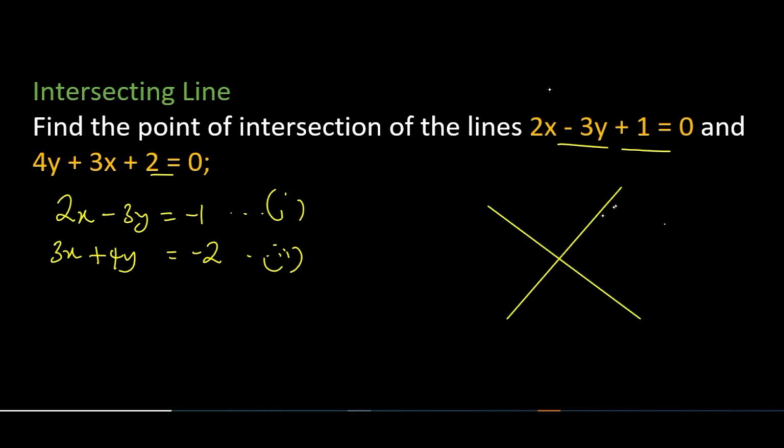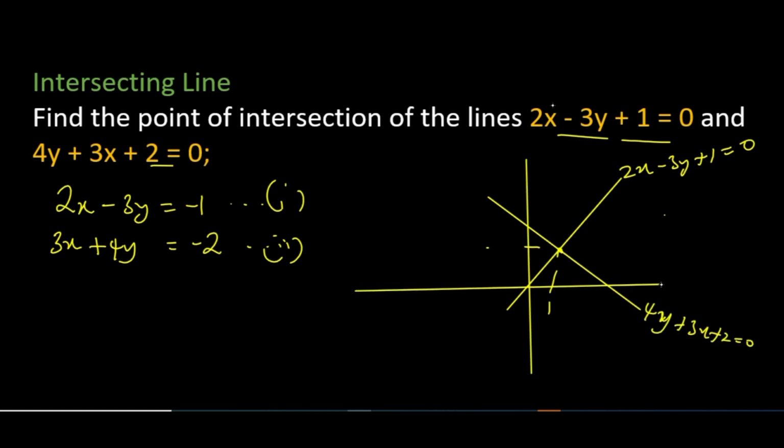Okay, so let's look at the illustration. Suppose this is the line 2x minus 3y plus 1 is equals to 0, and the second line, we have 4y plus 3x plus 2 is equals to 0. Both of them are on a Cartesian plane. We'll see the point of intersection for the two lines.